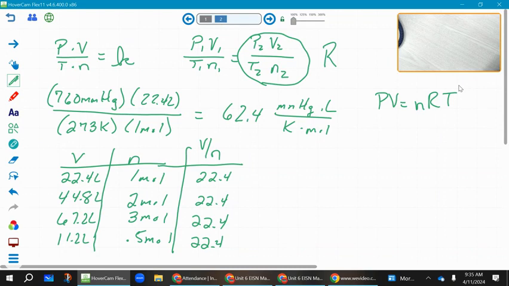Why do you put the N in the front? That's just the way they do it. That is just the way I've always seen it done. So, again, the way it would be presented in a chemistry textbook, PV, then N, then R, then T. I've never been told a reason why they do it that way. It's just the way it's always been expressed. Okay? Questions?